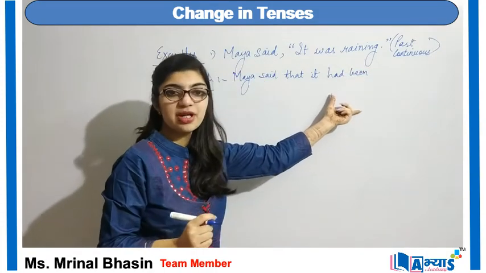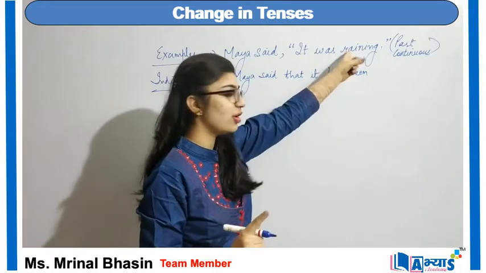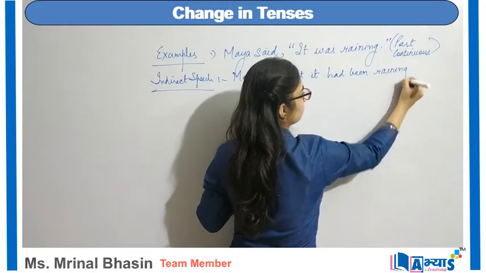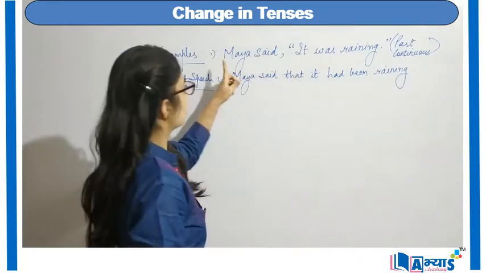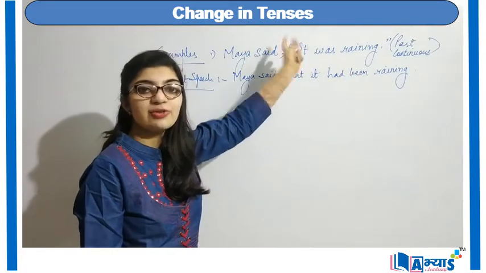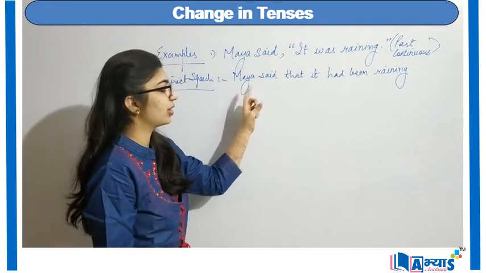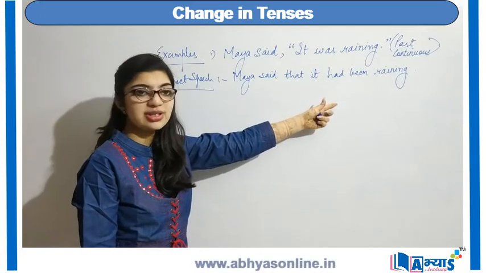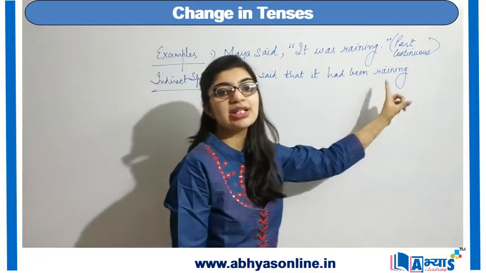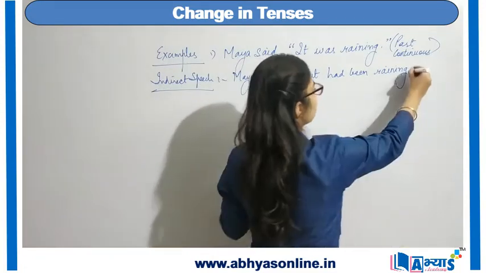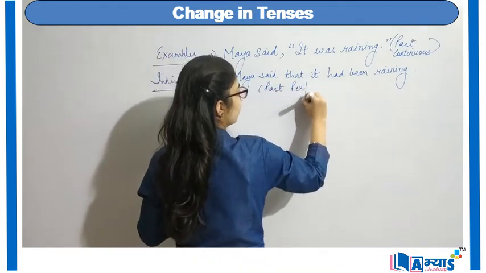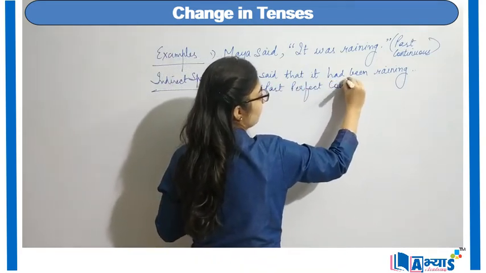So this is past perfect, and for continuous we make use of ing. So raining. To convert this sentence into indirect form, I make use of past perfect continuous tense, and my sentence will be Maya said that it had been raining. So this is my sentence in past perfect continuous form.